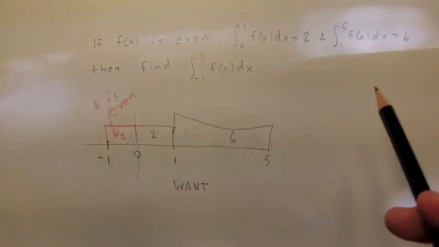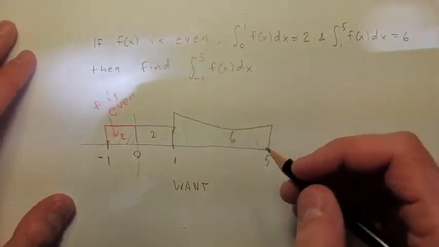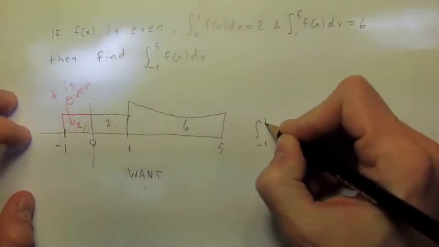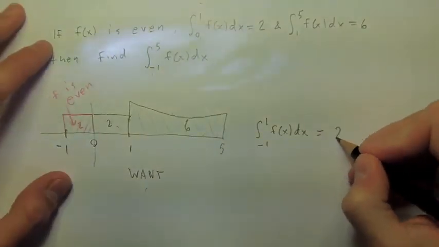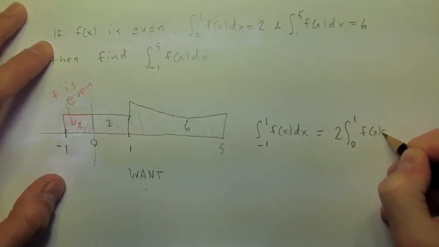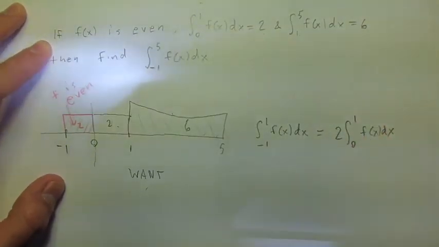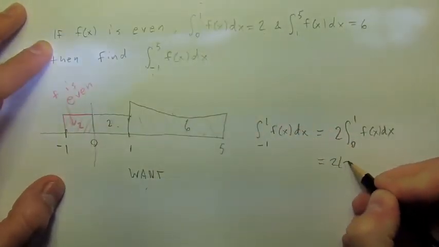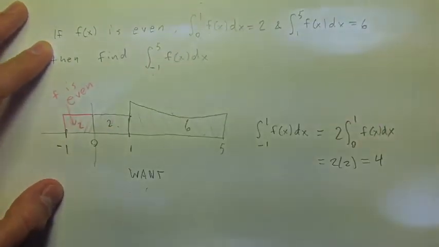So the integral from -1 to 1 of f of x dx is going to be 2 times the integral from 0 to 1 of f of x dx, which we have up here is 2, so this is 2 times 2, which is 4, which is what we got just by thinking about it here.